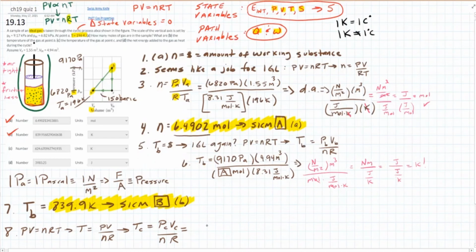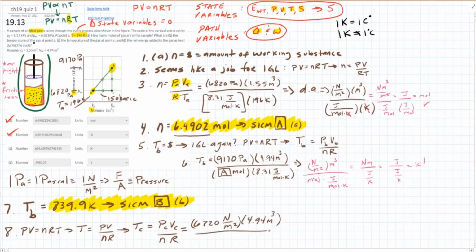My pressure at C is the same as the pressure at A, isobaric, and for me that's 6820. Instead of writing a Pascal, I'm just going to go right to newtons per square meter, just because I'm bold like that.